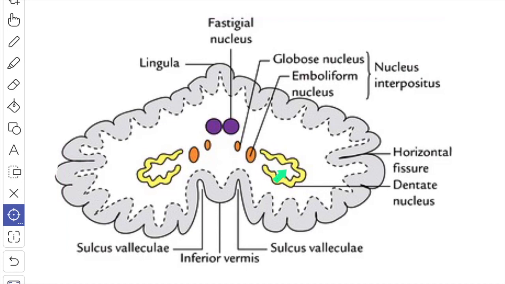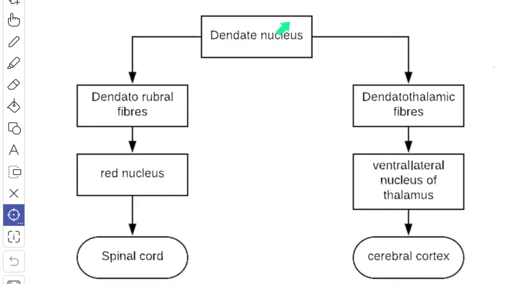The interior of the nucleus is filled with white matter made up of efferent fibers that leave the nucleus through the hilum, forming most of the superior cerebellar peduncle. These fibers include the dentatorubral and the dentatothalamic fibers.